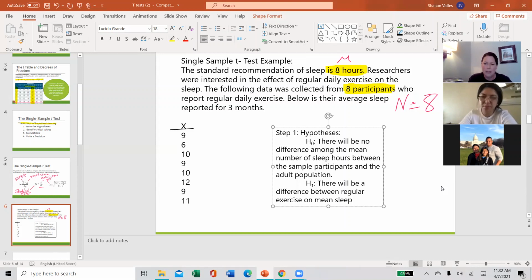On mean sleep hours. There will be a difference between regular exercise on mean sleep hours compared to the national average. Or, well, it's not even an average, right? Compared to the national recommendation.